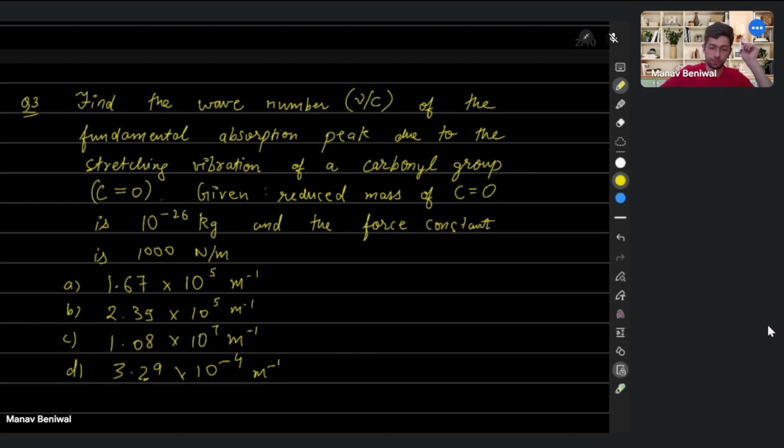Okay, so this is our next problem which we are going to solve now, and what it asks us is to find the wave number nu by c.